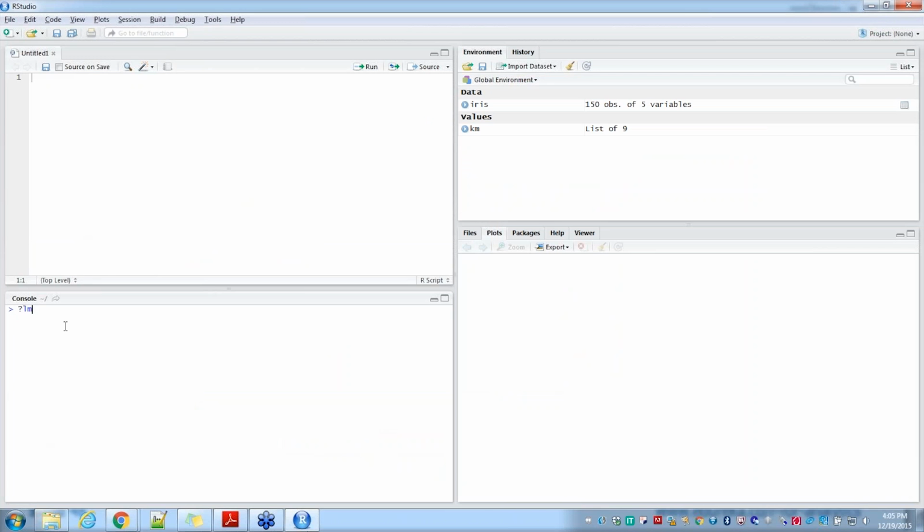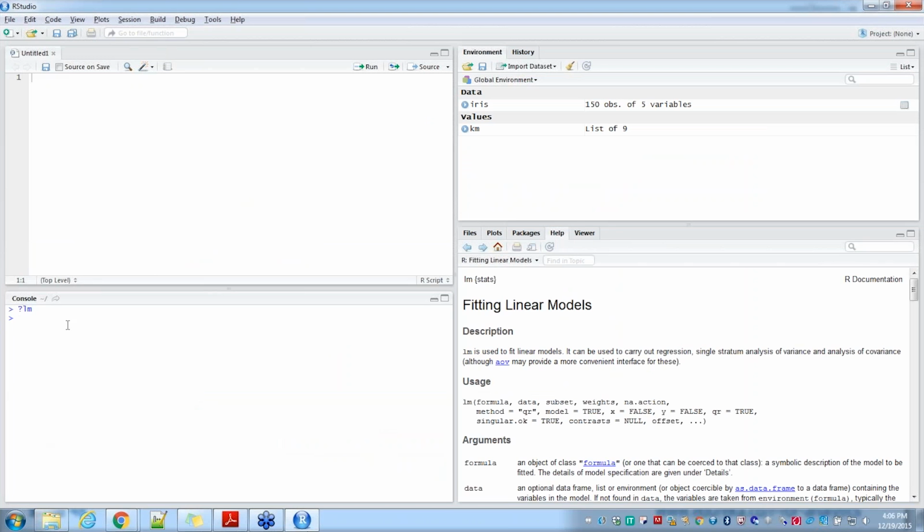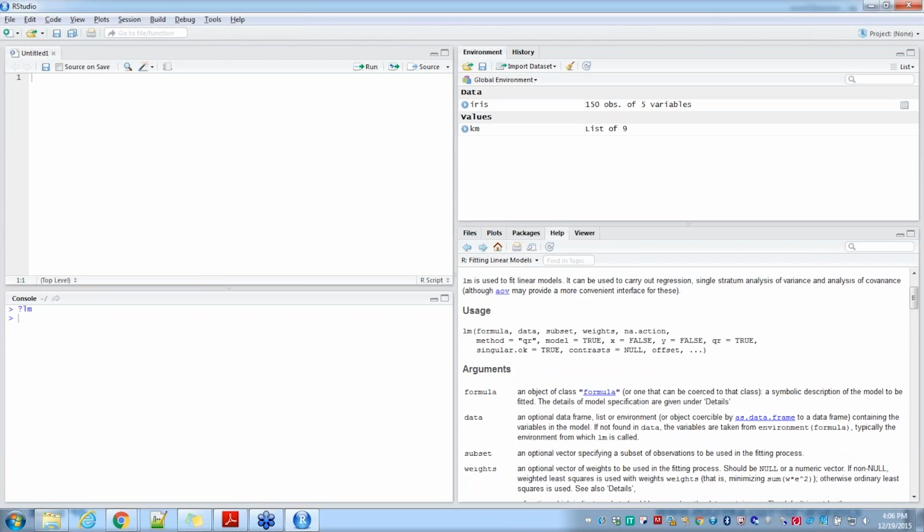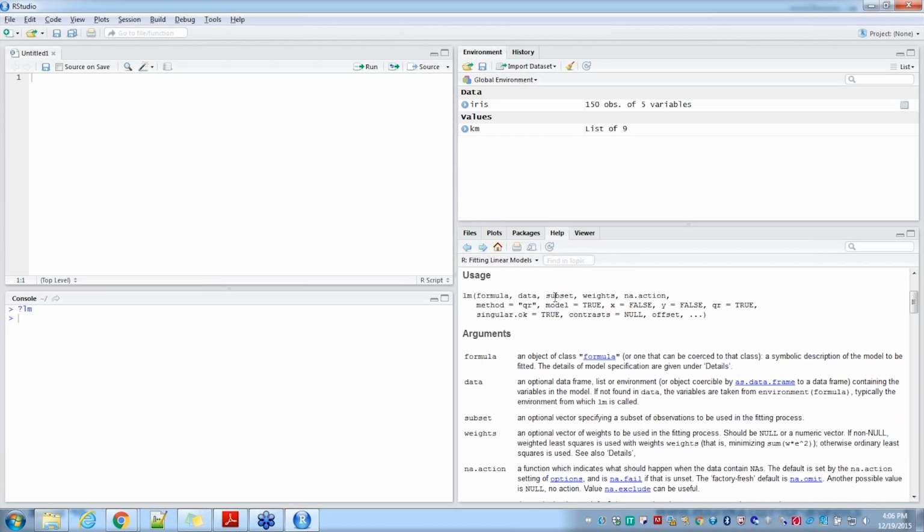I know that LM exists, but I need to know more about the properties of LM and the arguments that are used in there. In such cases, I would just use question mark LM. And here in the help section of the RStudio IDE, a page comes up which will give you a lot more information about the LM function and the arguments that you could use with it.